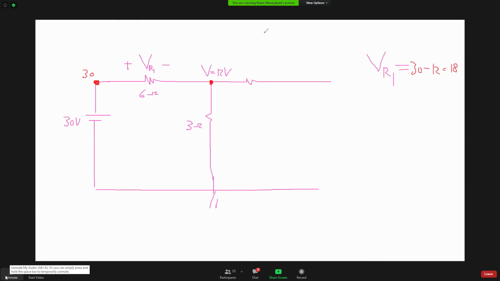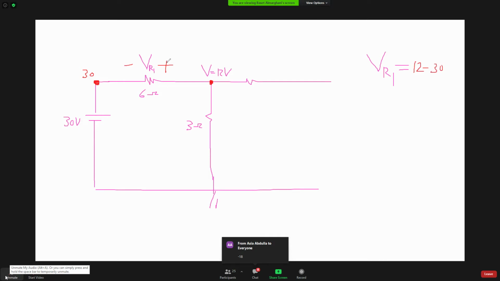Now, what if someone says, okay, I'm going to give you the question in another way. Polarity is like this. What is VR1 in this case? 12 minus 30.